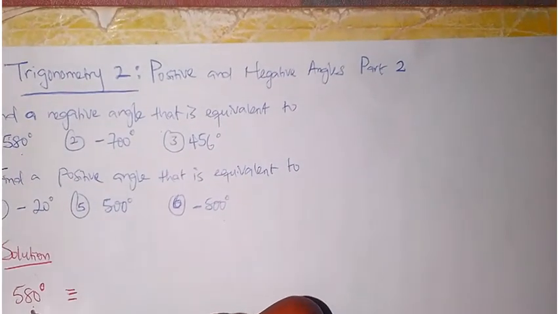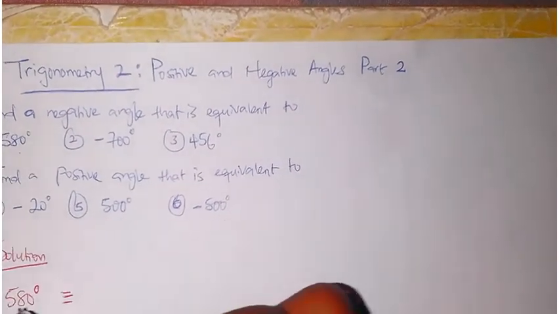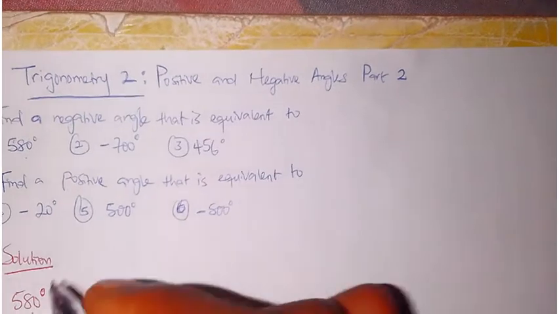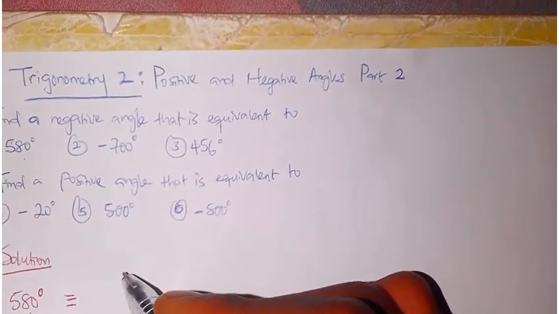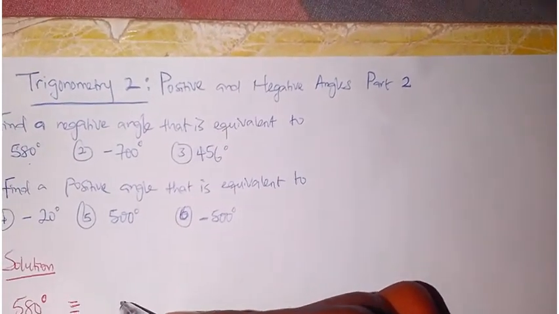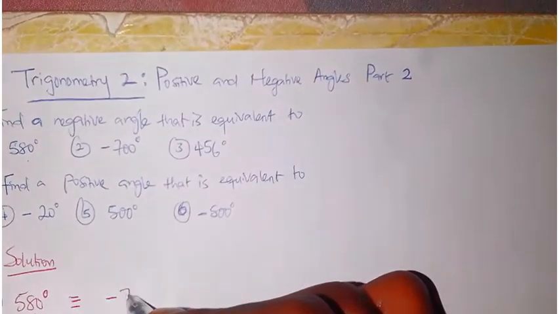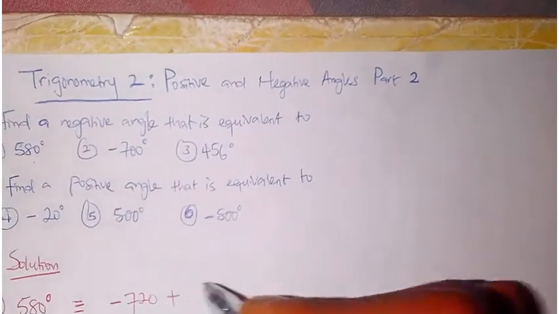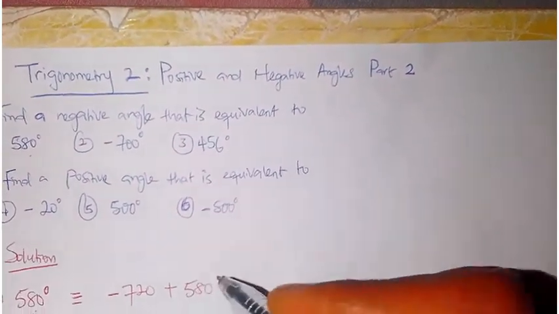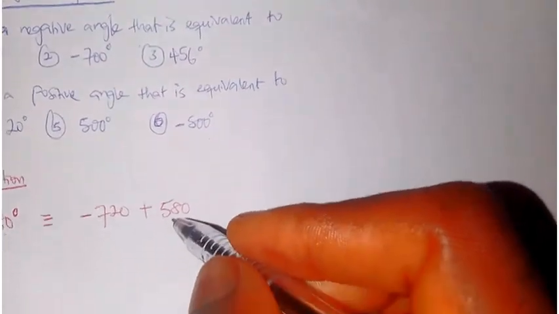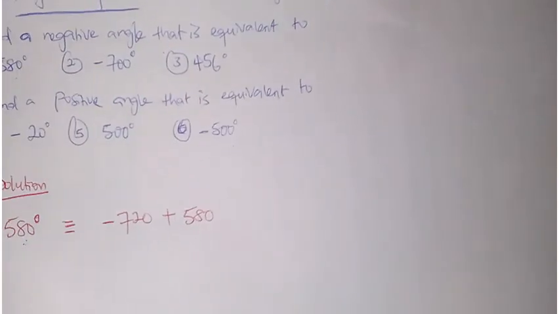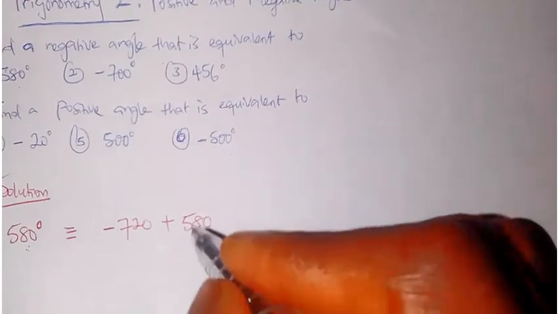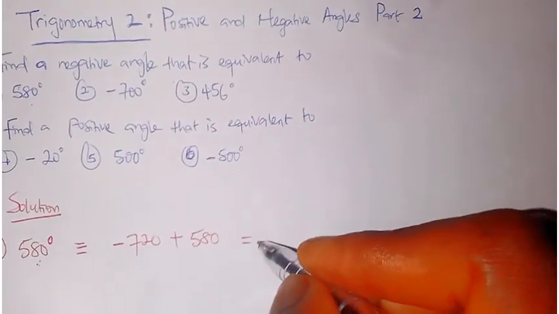So how do I get this? Since I'm looking for negative angles, 360 twice is 720 when I add them together. So I can say minus 720 plus 580. So minus 720 plus 580 will give me what?